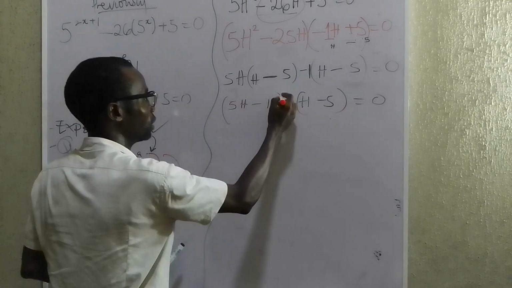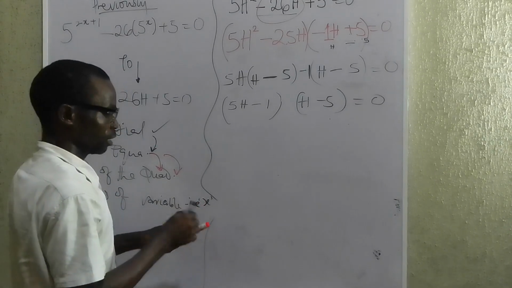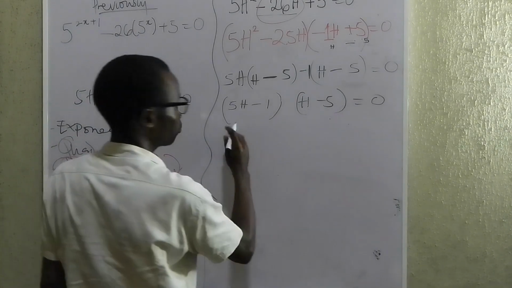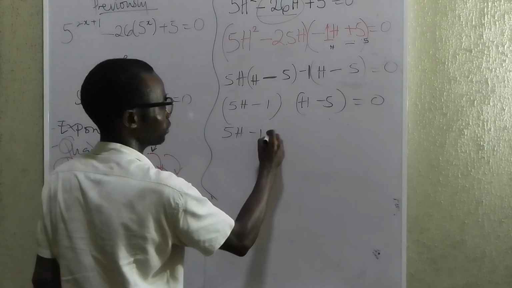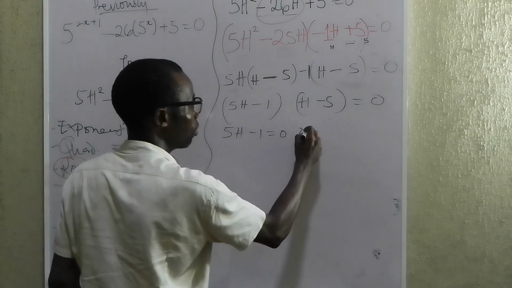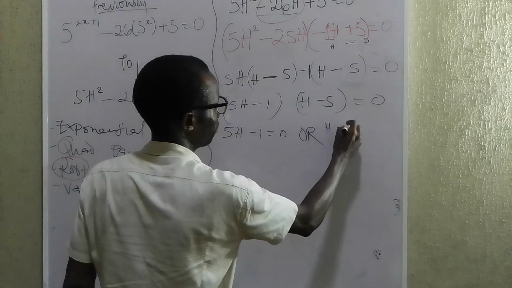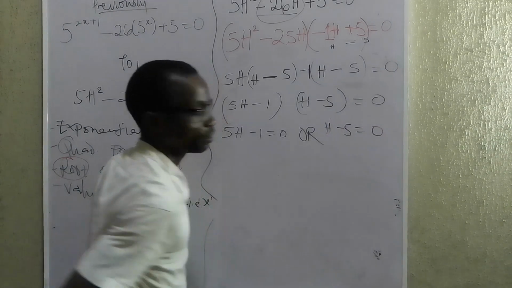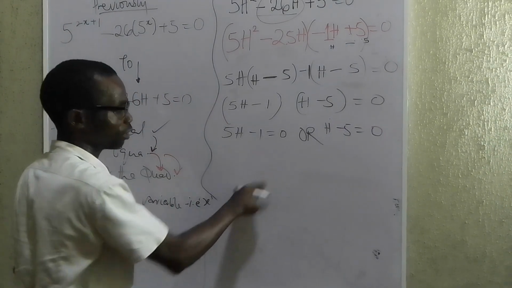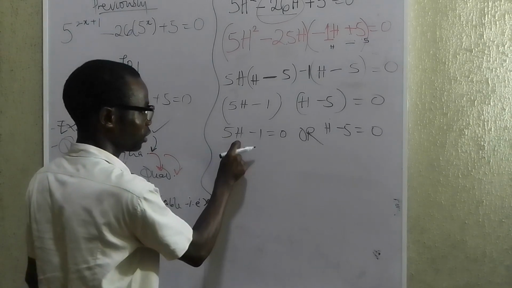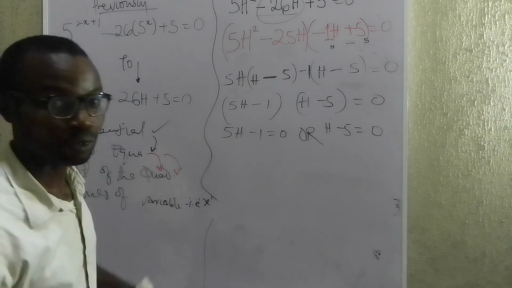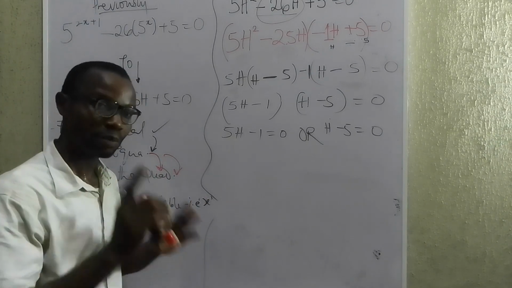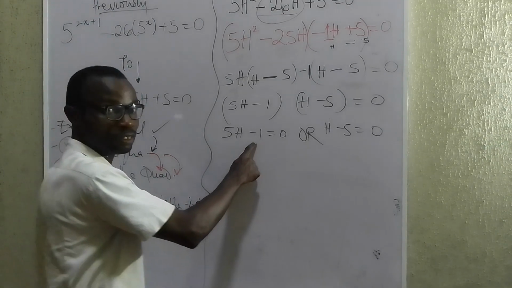Now let's go. We'll split these two and separate them. So it's going to be 5h minus 1 is equal to 0, or h minus 5 is equal to 0. So in this place now, remember your target. What you're looking for is h, not 5h. So everything that is disturbing h standing alone, you take them out one by one. So we'll move this out first.